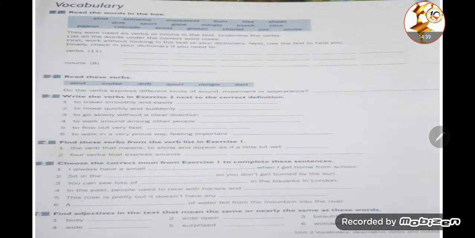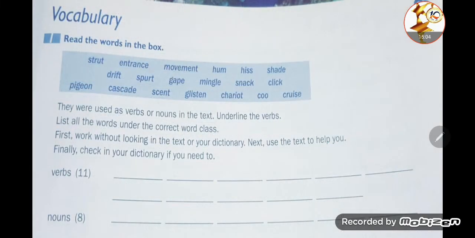Okay, so these are the answers for question number 4. Now please move to page 13. On page 13 you will notice that in question number 1 we have a box full of verbs and nouns. I won't write them for you, but we are going to pronounce them and give the meaning of each one.